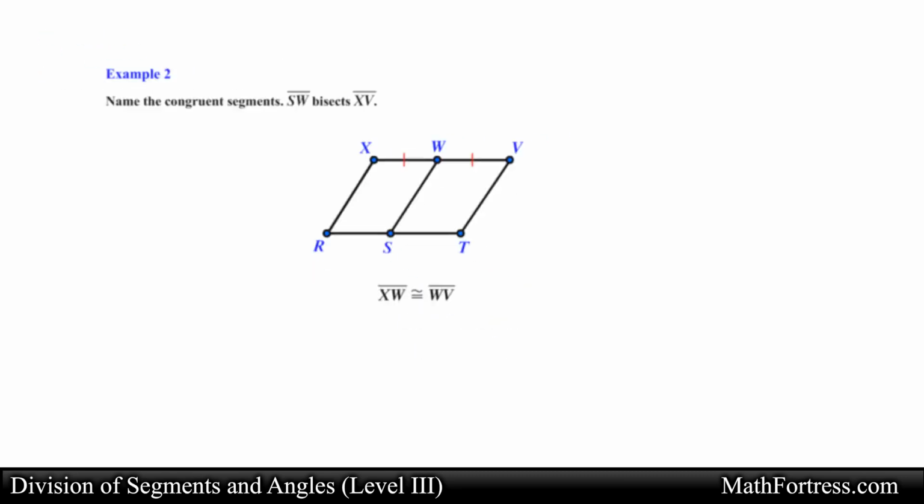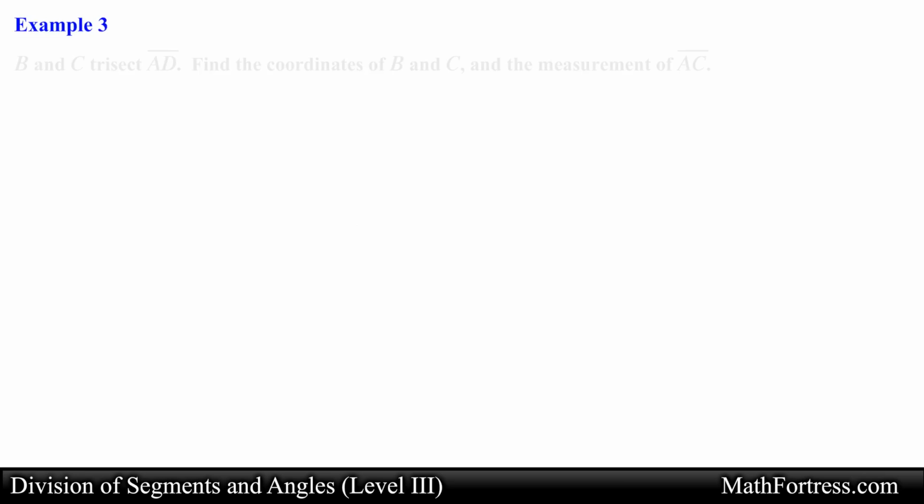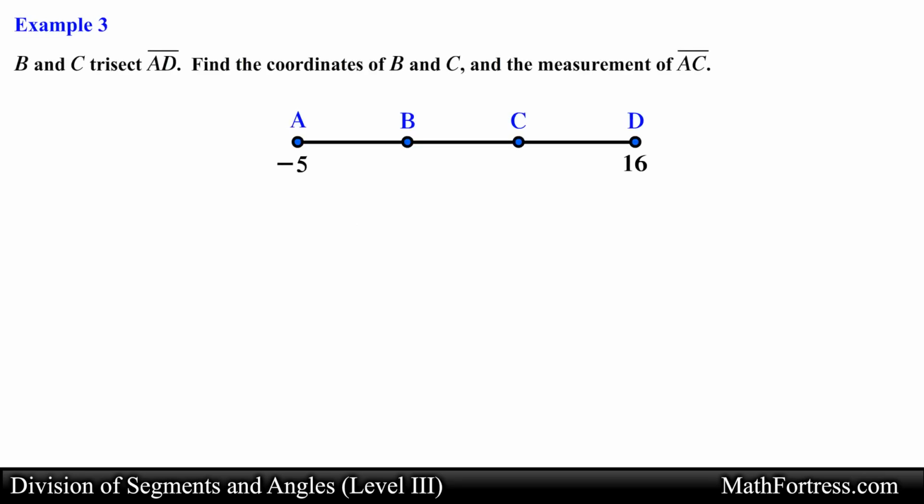Alright, let's take a look at the next example. Point B and point C trisect segment AD. Find the coordinates of point B and point C and the measurement of segment AC. In this problem, we are provided with a diagram of a line segment with 4 points.